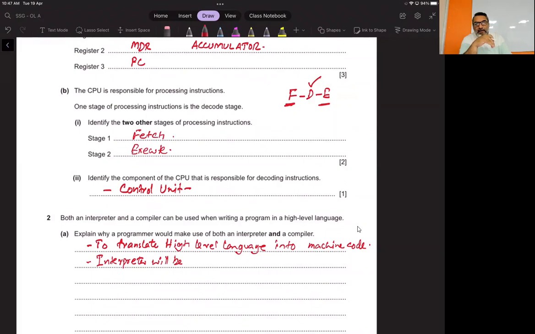And if there are any discrepancies, that one particular instruction will be marked, if there are any syntax errors or something. All right. So the interpreter will be used while writing the program code.